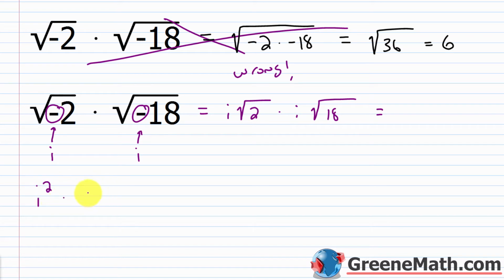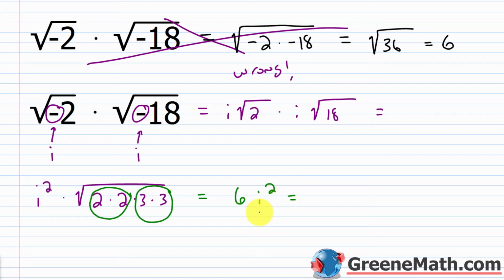Then times the square root of 2 times 18, and 18 is 2 times 3 times 3. So essentially one 2 would come out and one 3 would come out. 2 times 3 is 6. So what you'd end up with is 6 times i squared. And i squared, by definition, is negative 1. So this would be 6 times negative 1, which equals negative 6.